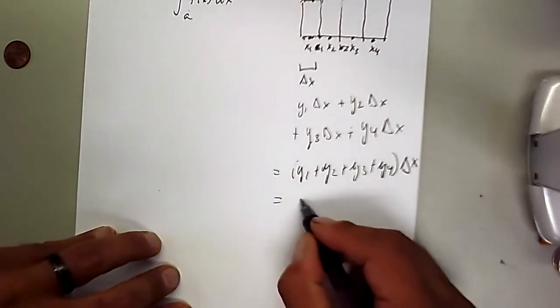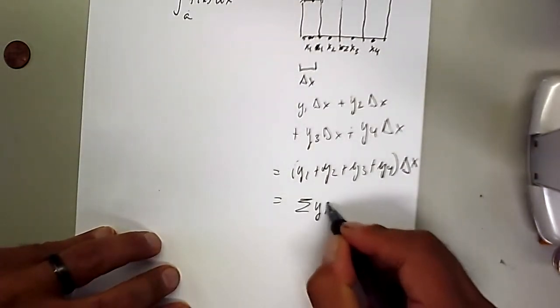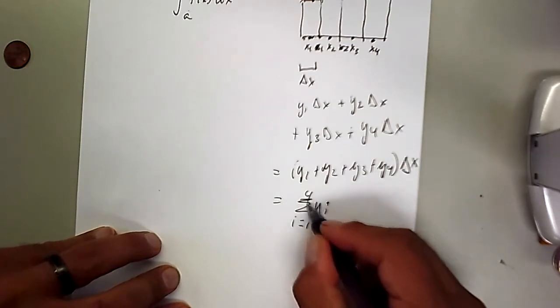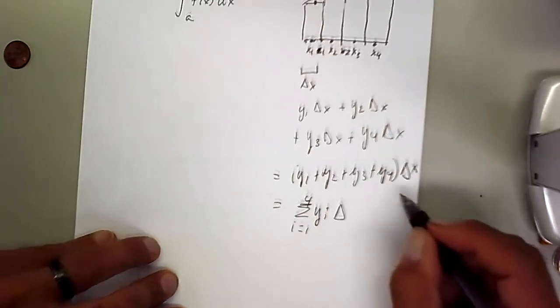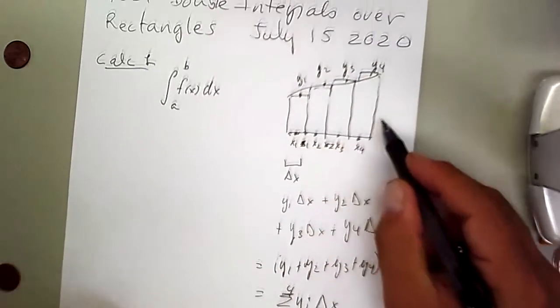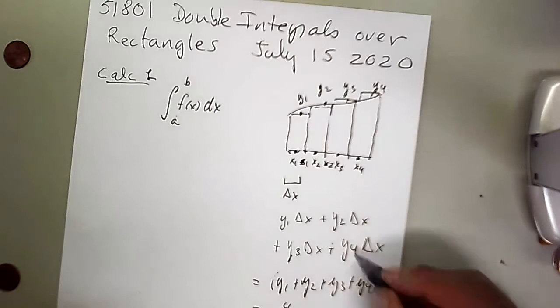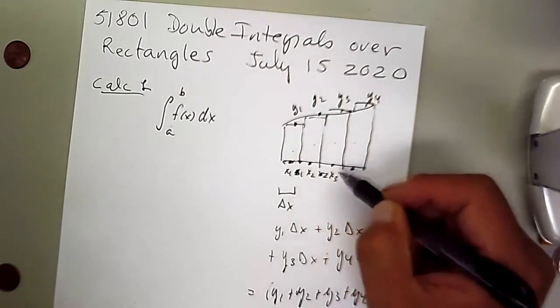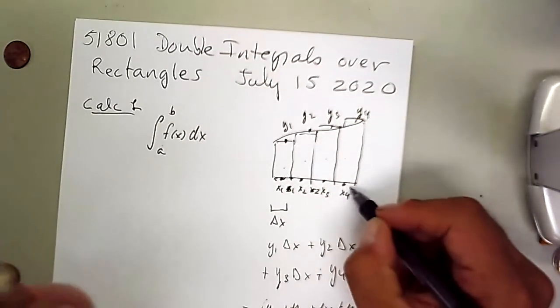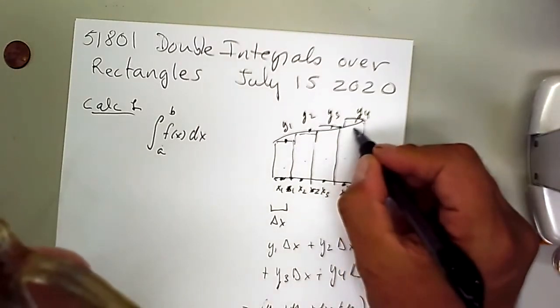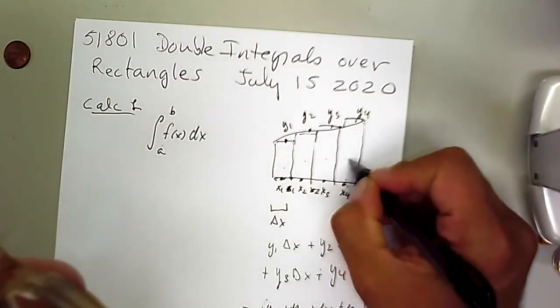And there's a shorter version, the sum of the yi's from i equals 1 to 4, times delta x, will be the sum of those 4 rectangles. By the way, I just noticed I did not use the midpoint here.